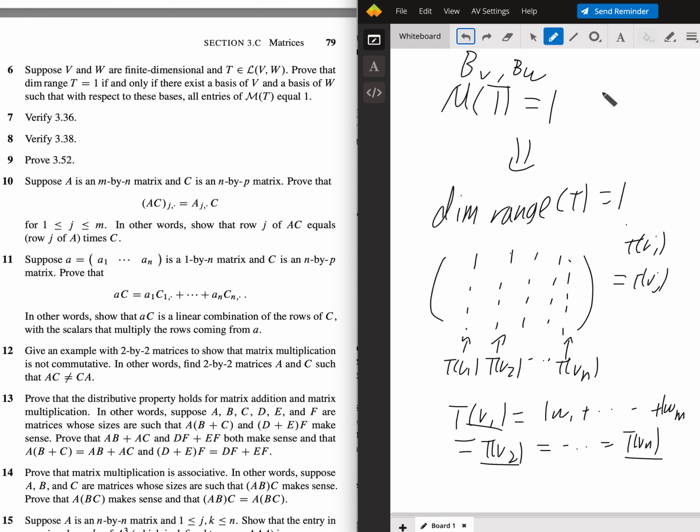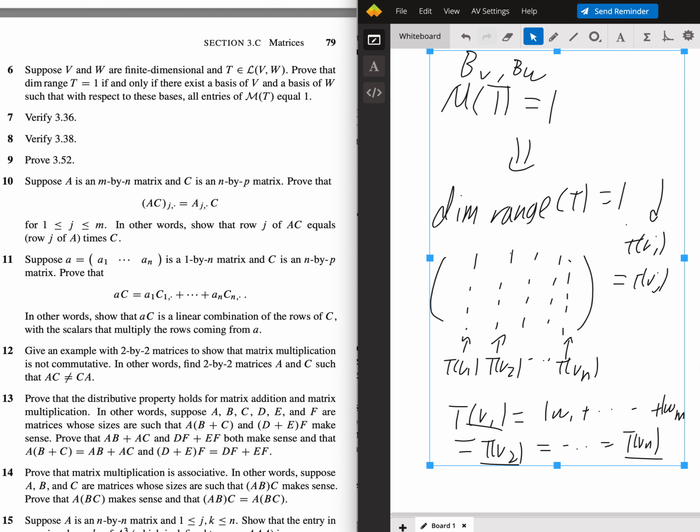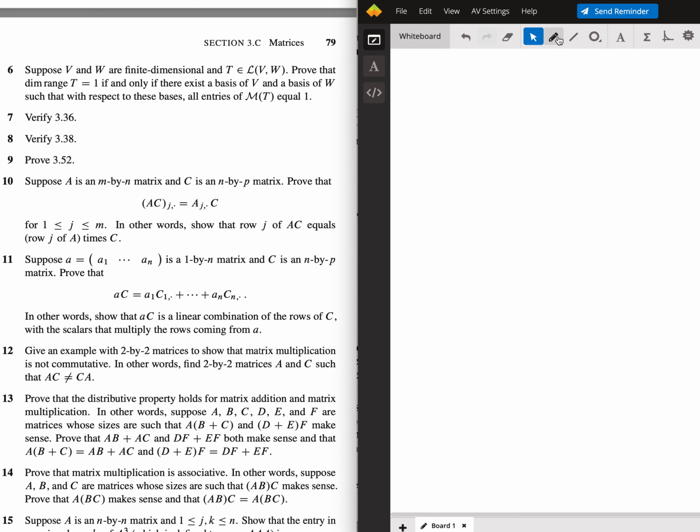And anything in the range of T can be expressed as a linear combination of these Tvi. So in fact it's just a linear combination of Tb1. So it's then just a scalar multiple of Tb1, which means the range of T is spanned by Tb1, which means it's just one dimensional. That's perfectly reasonable to say.